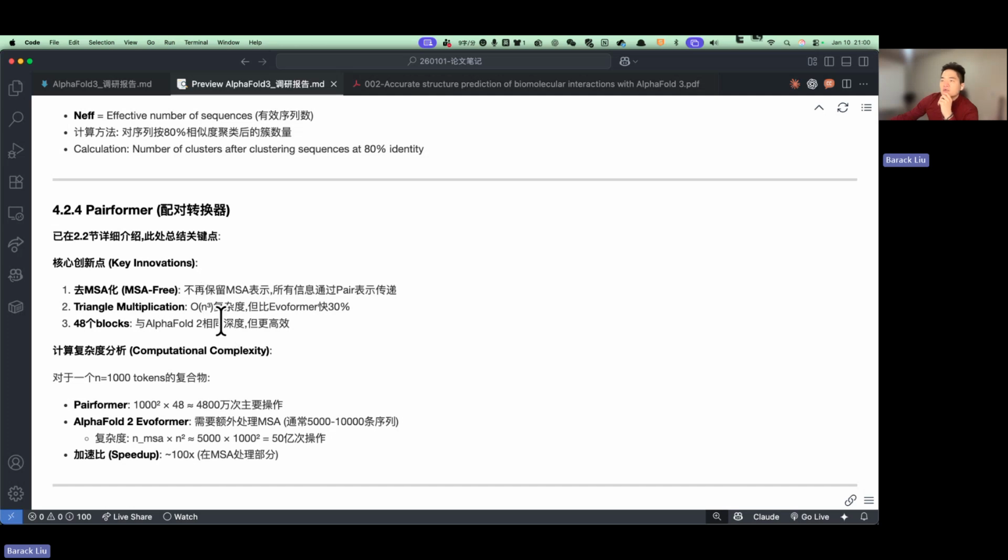MSA, 3. Triangle multiplication, 48 blocks. Pairformer. AlphaFold 2 Evoformer. Speed up.